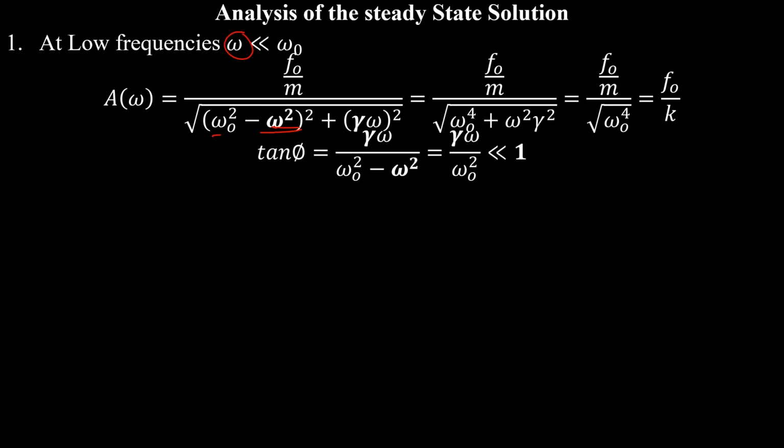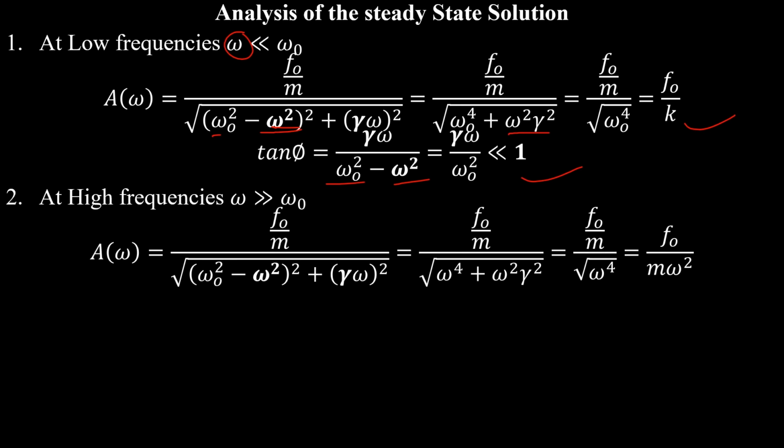And again, this can be absorbed because it's much smaller than omega naught to the power of 4. So if we absorb that, we end up having this as our final answer, and also this, because this is absorbed into omega naught squared.